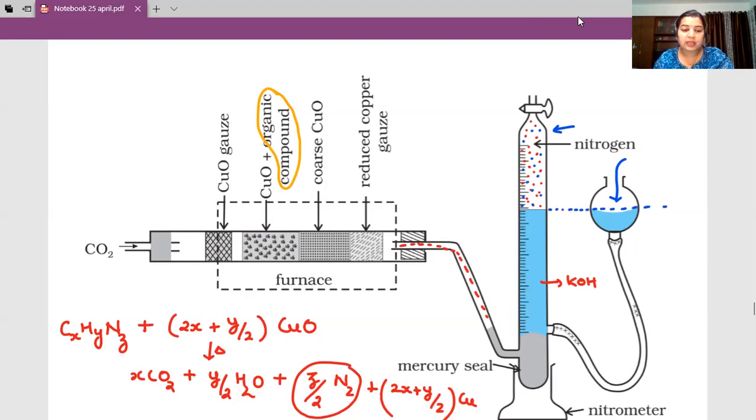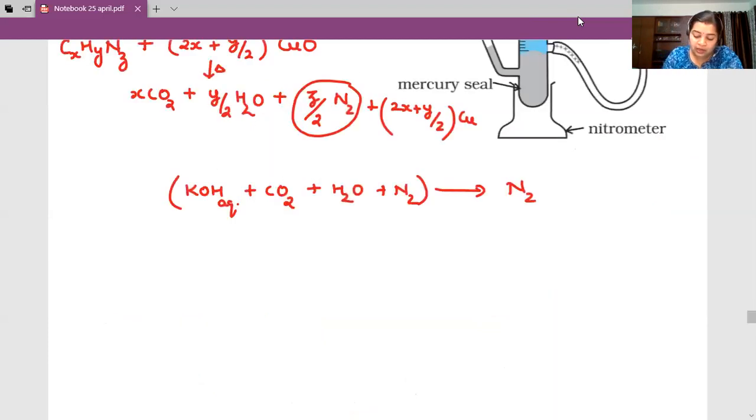Once I get both the liquids on the same level, what is the inference? Here it is open to atmosphere, so it is the atmospheric pressure. So the inference will be taken as when the level is equal, then atmospheric pressure is equal to internal pressure in that cylinder.